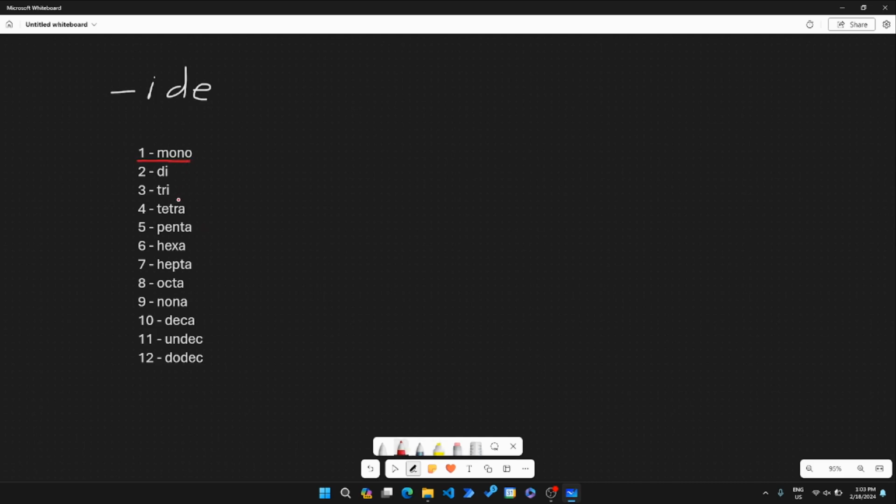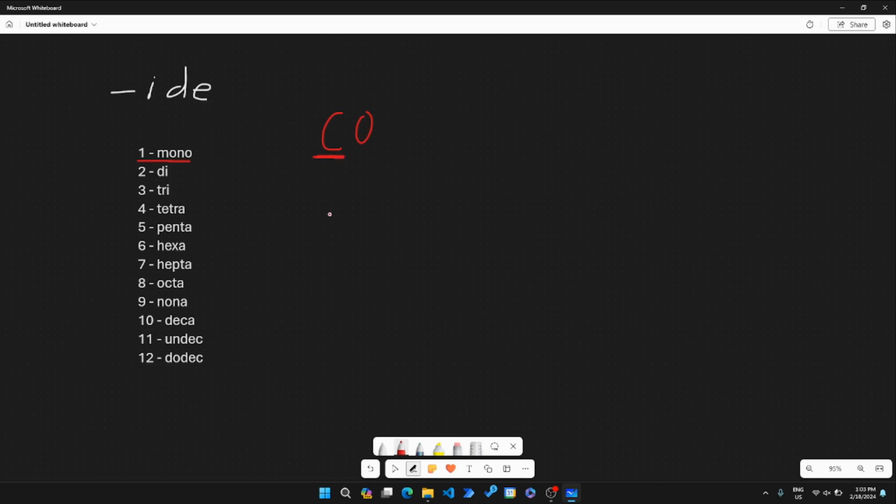Mono is not used for the first element in a compound. So for example, if we take carbon monoxide, CO, you'll notice I said carbon monoxide, not monocarbon monoxide. And this only works for the first element, and only if there's one of it.